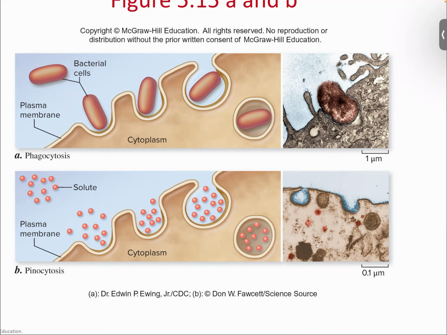So a lot of times when you see a cell in the middle of pinocytosis, you'll see not one big endocytotic vesicle sucking in something big, but a whole bunch of little ones like this. And it's basically just sucking in whatever happens to be out there in your extracellular matrix.